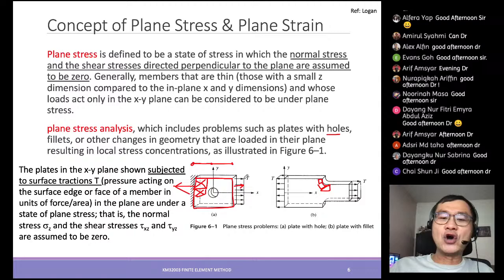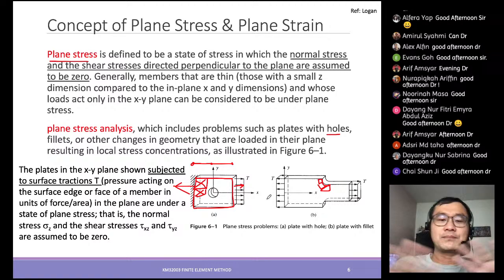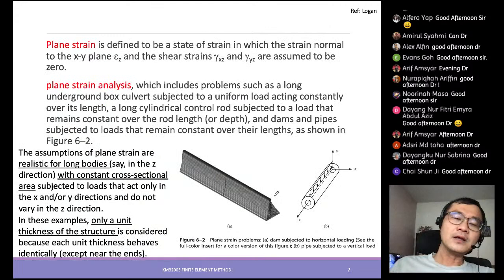Therefore, in this case, we can say the plane stress analysis problem, where the force is actually acting along the surface of the plane, right. Whereas for the plane strain problem, okay.